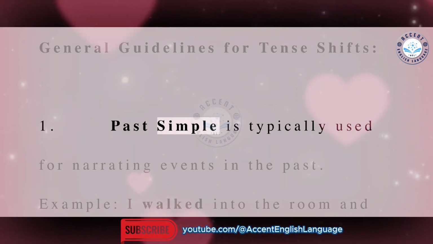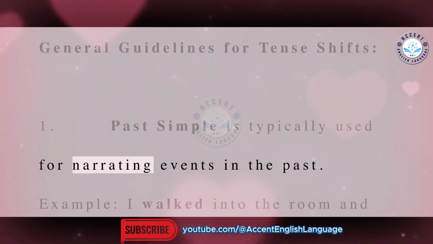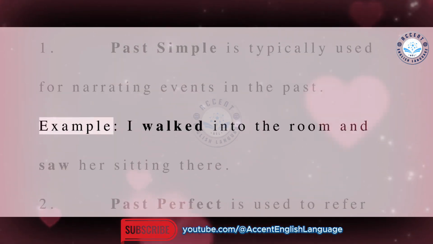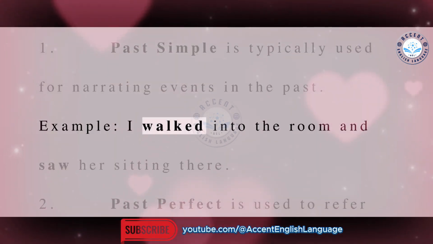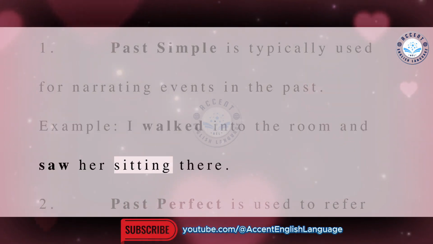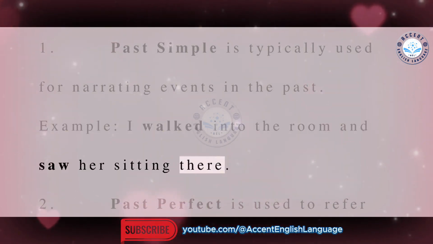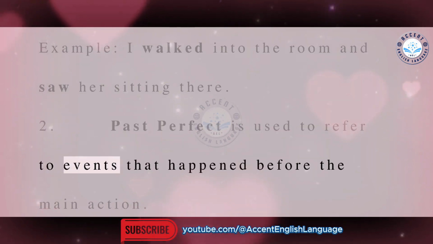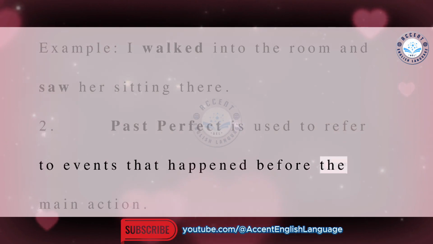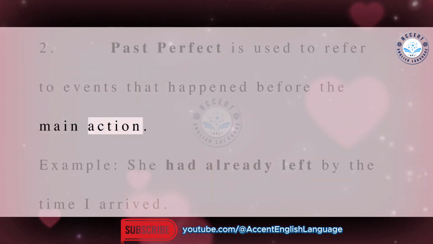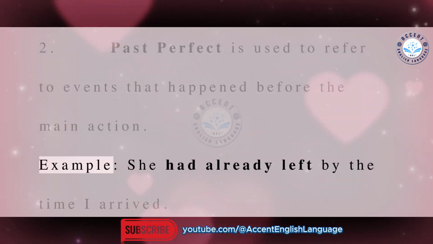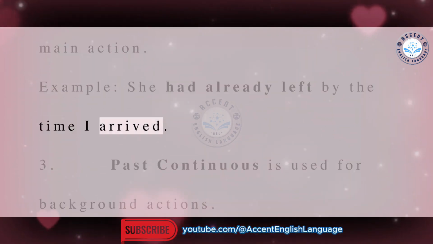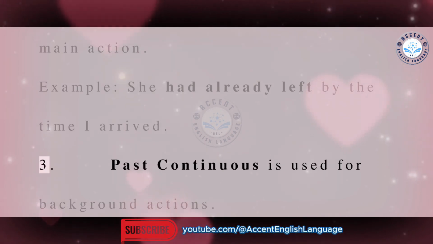1. Past simple is typically used for narrating events in the past. Example, I walked into the room and saw her sitting there. 2. Past perfect is used to refer to events that happened before the main action. Example, she had already left by the time I arrived. 3.